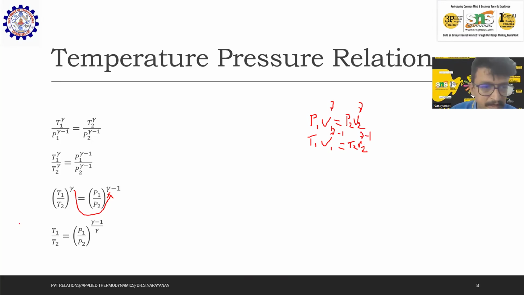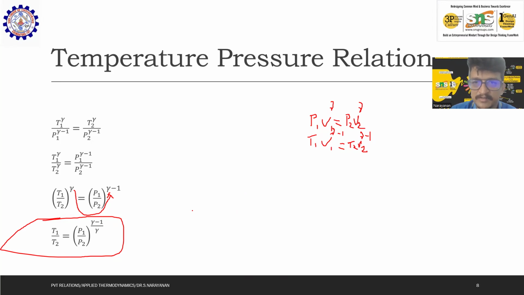And finally, the temperature-pressure relation, that is T1 by T2 equal to P1 by P2 whole power (gamma minus 1) by gamma. These relations will be useful for us when we solve problems where only a few variables are given and other variables are hidden.